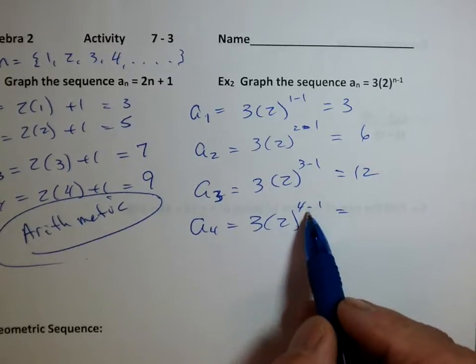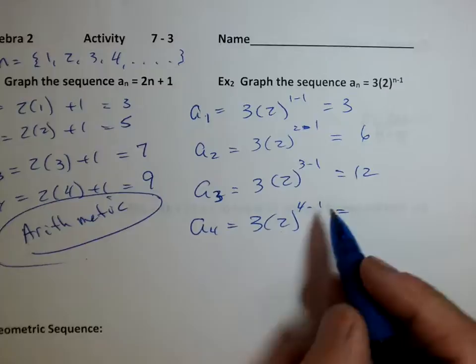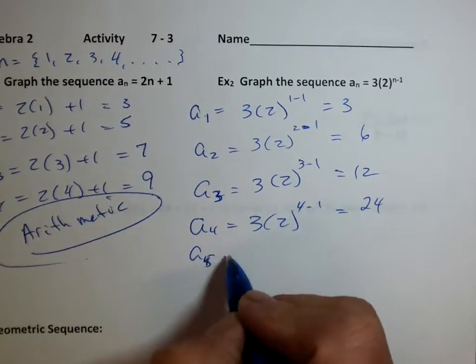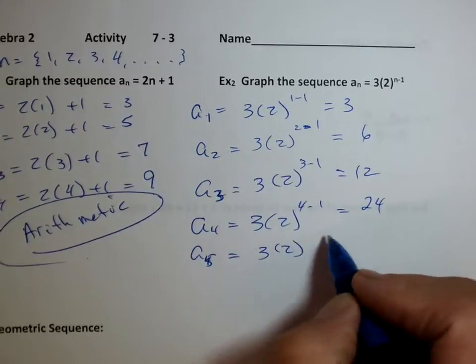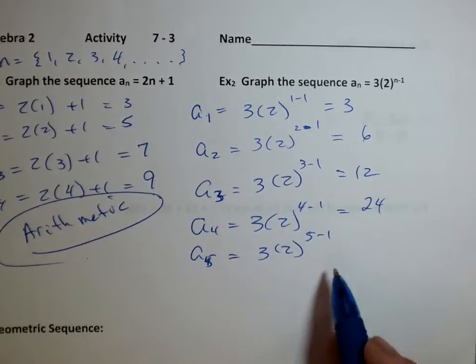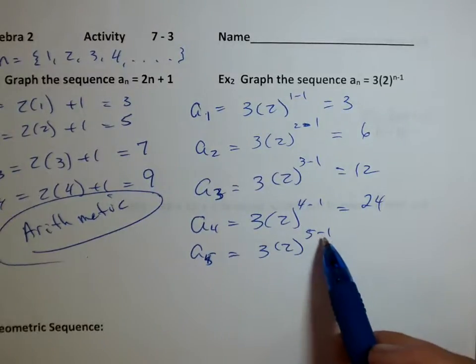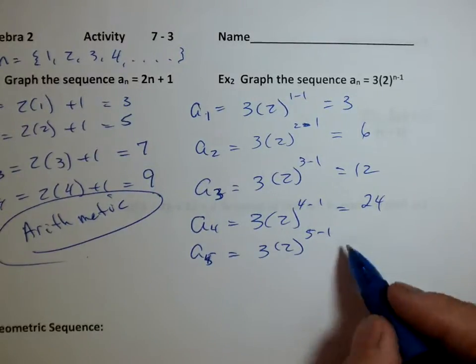Let's see, 2 to the 3rd power is 8 times 3 is 24. And a5, let's see, 3 times 2 to the 5 minus 1 power. Let's see, that's 2 to the 4th power, which is 16, times 3 is 48.